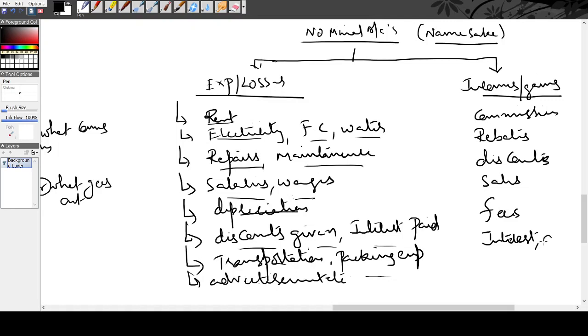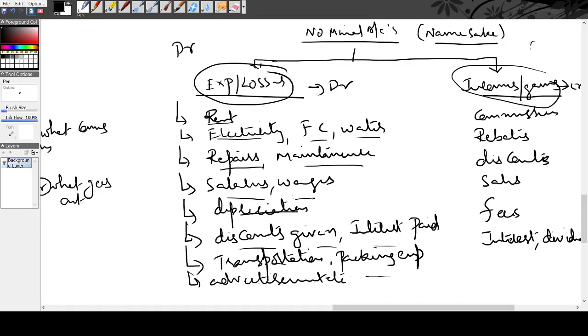We may get some interest income, dividend income, etc. Now, what are the nominal account rules? They are very simple. Debit all expenses and losses, credit all incomes and gains. So all expenses and losses should be debited, incomes and gains should be credited.